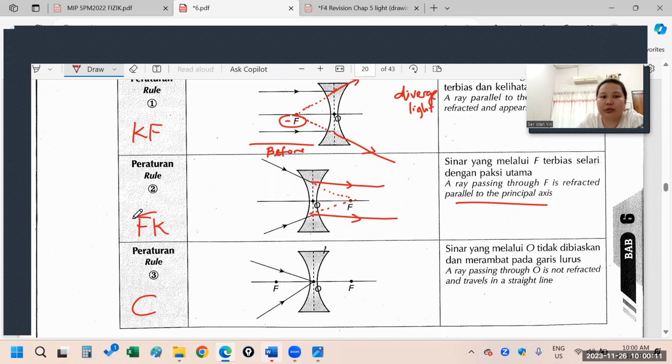We seldom use fk, just in case the object comes from infinity, then only we use fk. Actually, you can draw three lines together. You'll find out the image always intersects on these three lines. Okay, then rule C. Go straight only, no refraction.